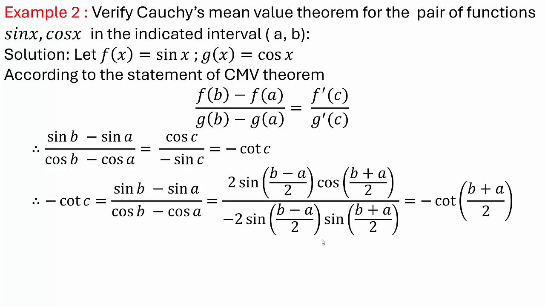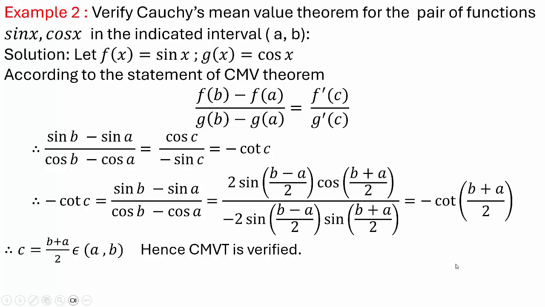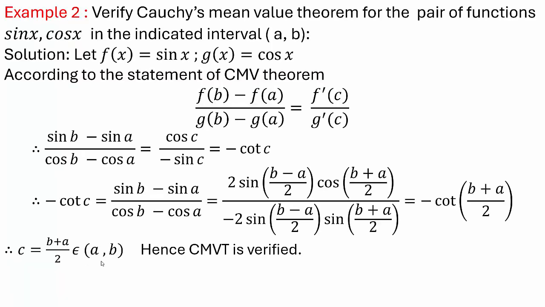And that becomes minus cot of b plus a by 2. Thus, minus cot c equal to minus cot of b plus a by 2. This indicates that c equal to b plus a by 2. We know that b plus a by 2 belongs to the open interval ab, and that's why c belongs to the open interval ab. And hence, Cauchy's mean value theorem is verified.